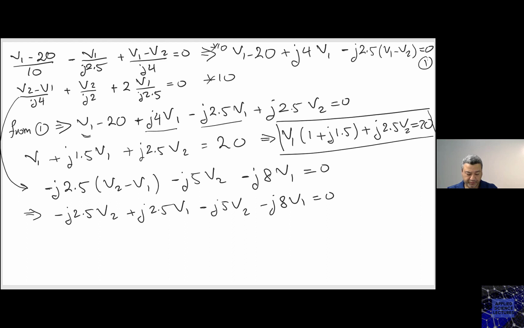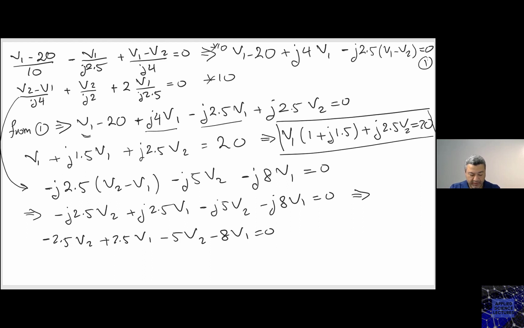So we have here both are imaginary, right? So we can divide by j. So this becomes minus 2.5 v2 plus 2.5 v1 minus 5 v2 minus 8 v1 equals to 0.